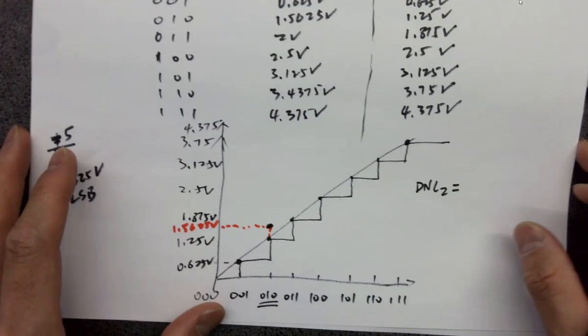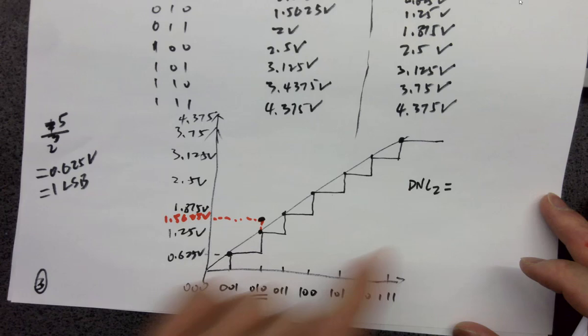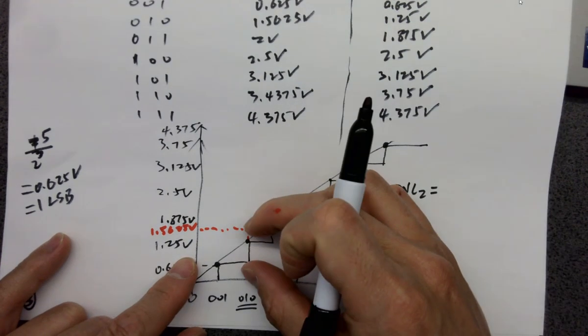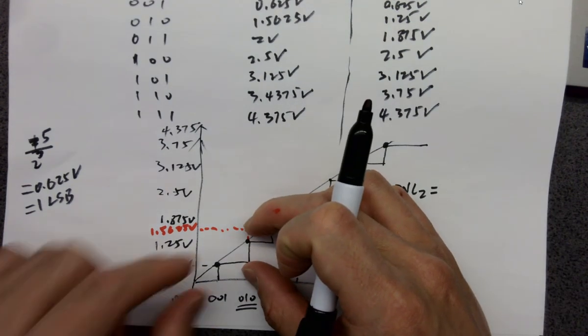For DNL, it's measured as the actual step size minus the ideal step size.